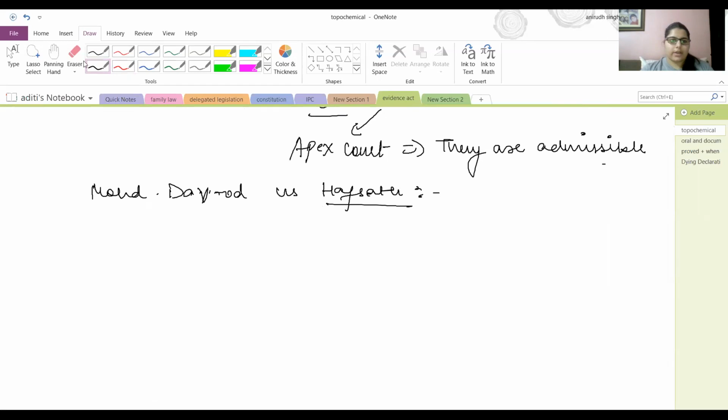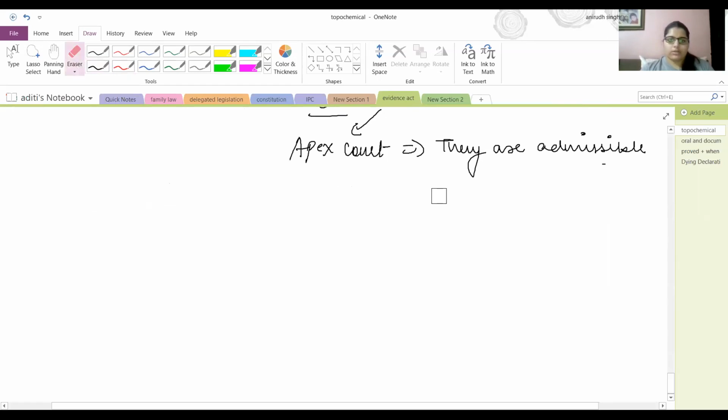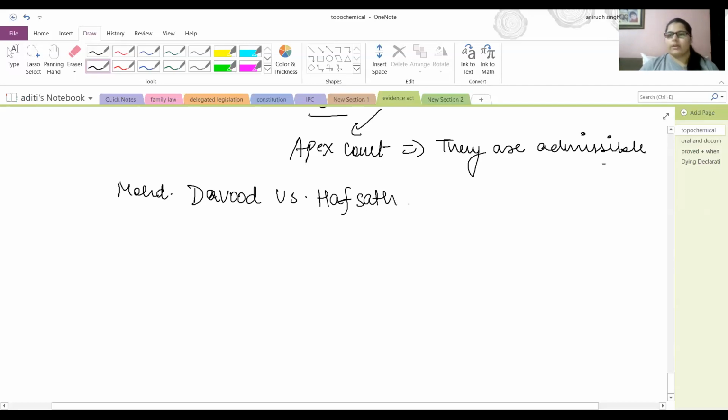I'll just write it again for you all. The name of the case is Mohammed Dawood versus Hafsat. So what was there in this particular case?